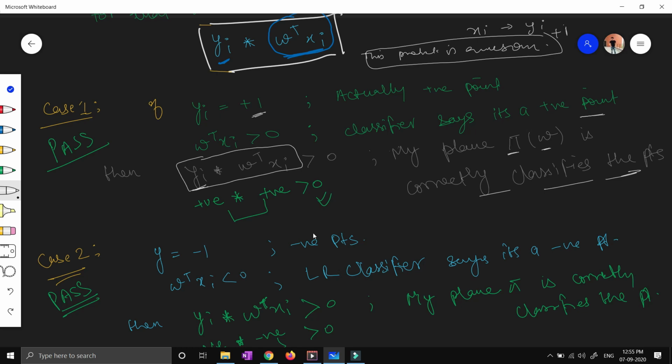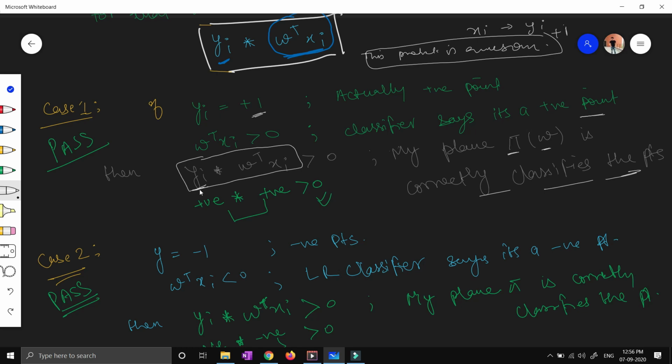Whatever logistic regression model I have found, whatever plane I have assumed earlier, randomly, the value of w is correctly classifying the data points. So here our test case is passed.